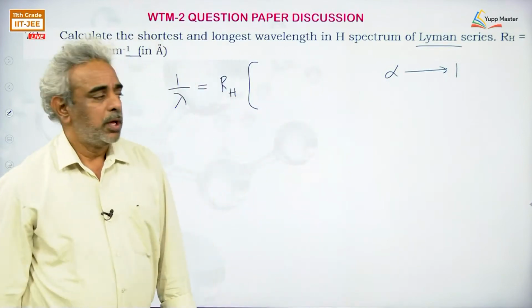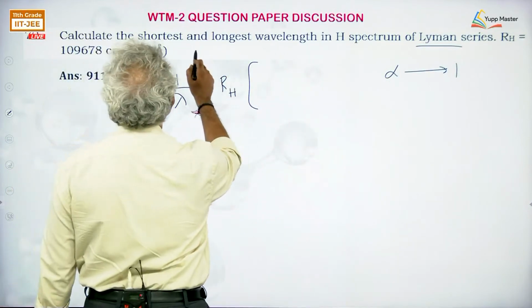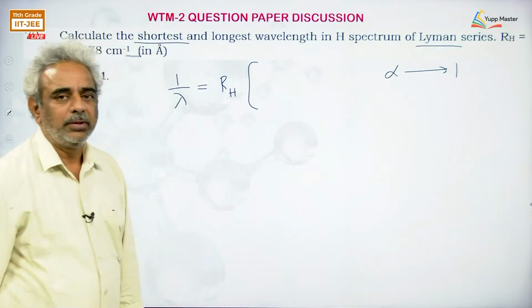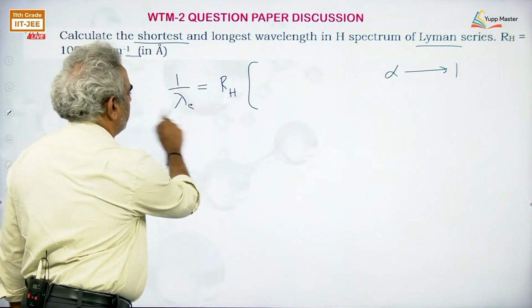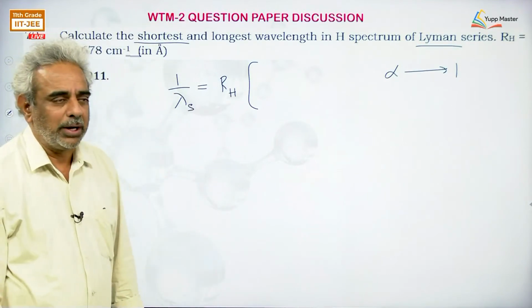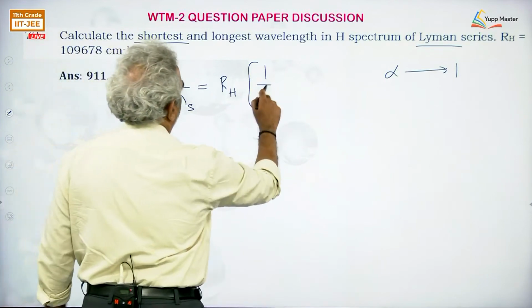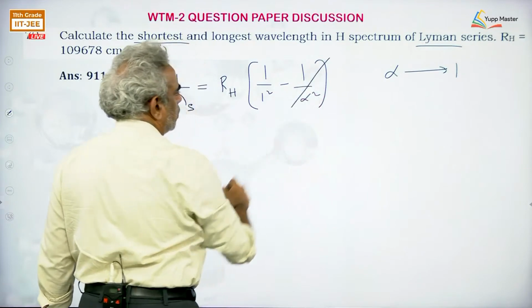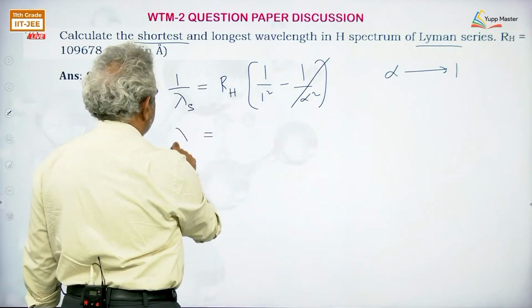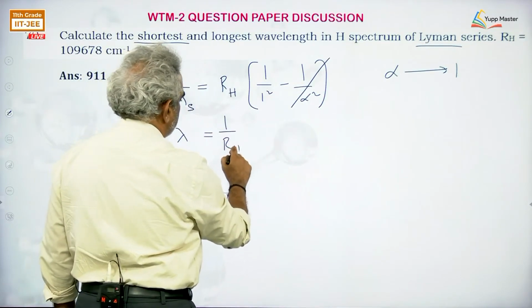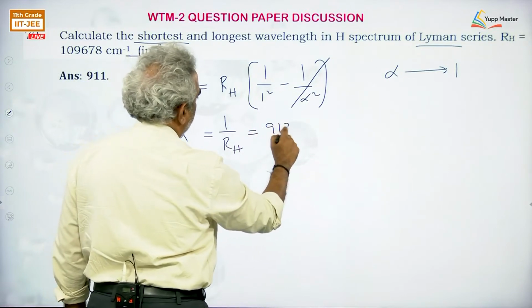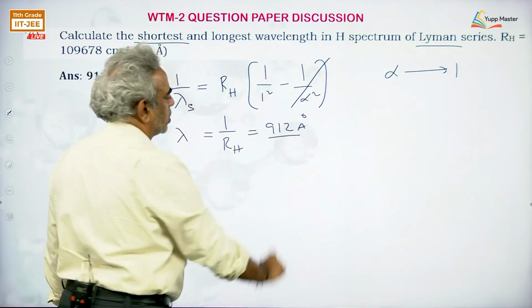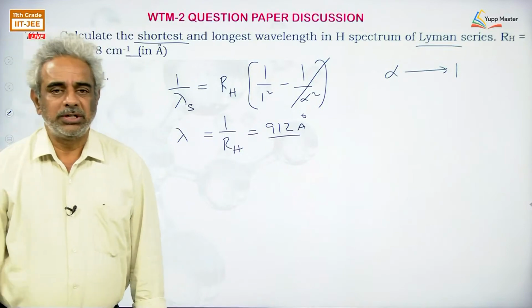Why highest energy? Because we want the shortest wavelength, lambda s we will call it. So, 1 by 1² minus 1 by infinity², and this is going to be 0. So, lambda is equal to 1 by RH, and I told you it is 912 angstroms. This is the shortest wavelength in the hydrogen spectrum.